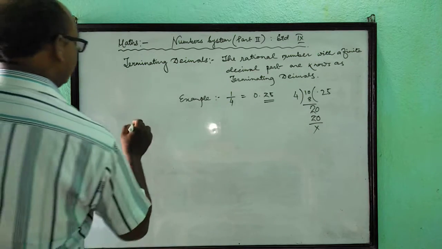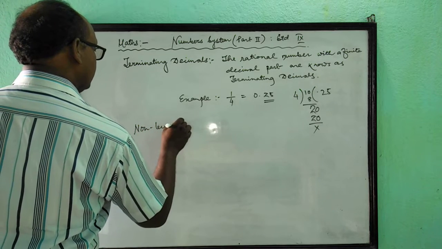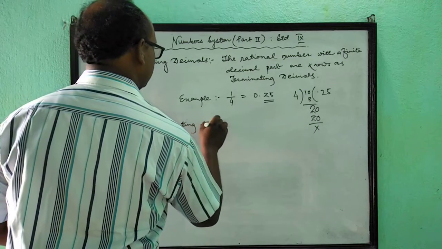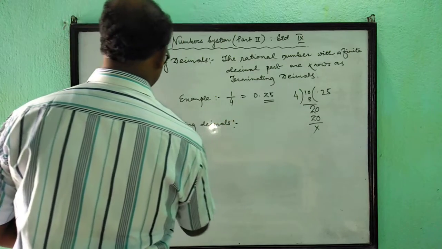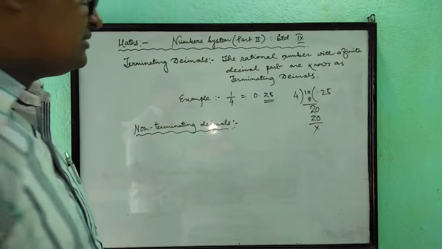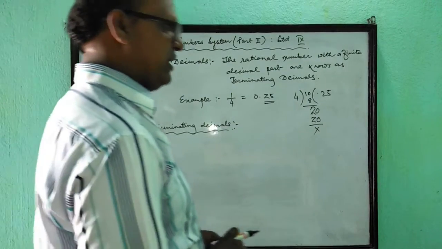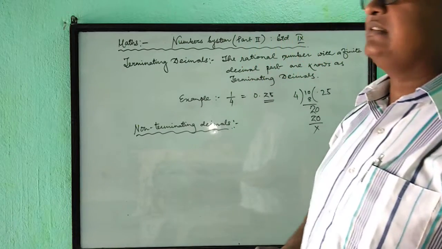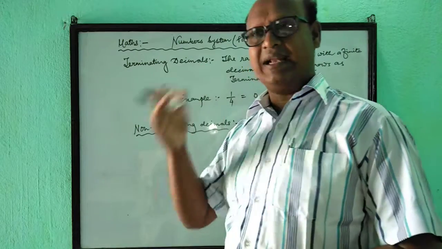What is a non-terminating decimal? Non-terminating decimals are those where, sometimes we see that in a division there is no remainder, and sometimes we see that the remainder comes again and again.